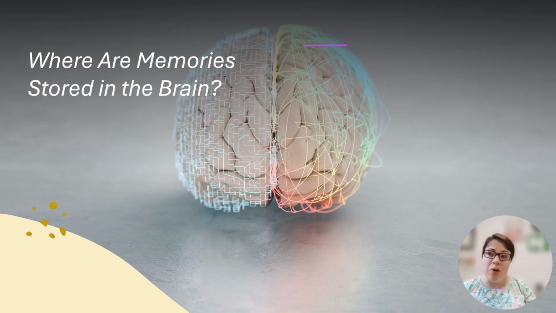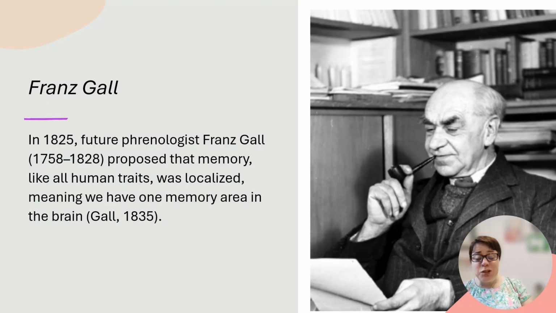One of the most important questions posed by former and contemporary memory scientists alike has been, where exactly are memories stored in the brain? In 1825, future phrenologist Franz Gall proposed that memory, like all human traits, was localized, meaning we have one memory area in the brain.